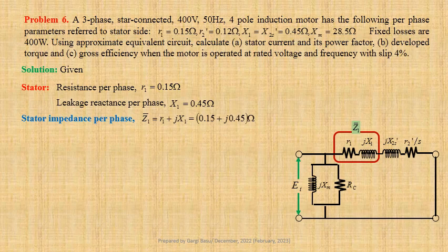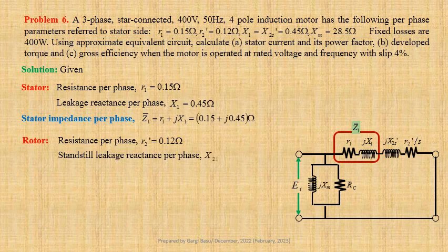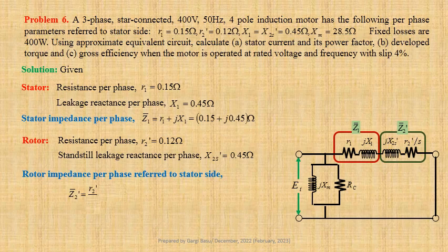For rotor winding, given resistance per phase referred to stator side, R2 dash equals 0.12 ohm and standstill leakage reactance per phase, X2s dash equals 0.45 ohm. For any value of slip S, expression for rotor impedance per phase referred to stator side, Z2 dash equals R2 dash by S plus jX2s dash.